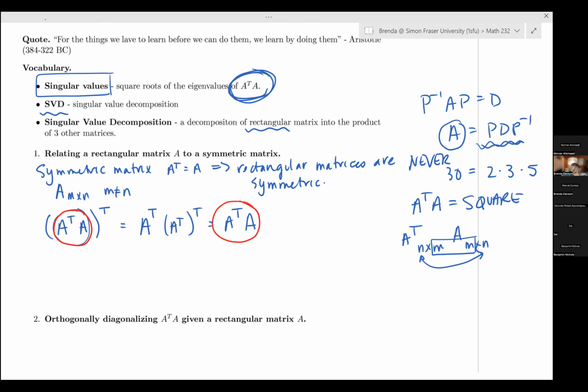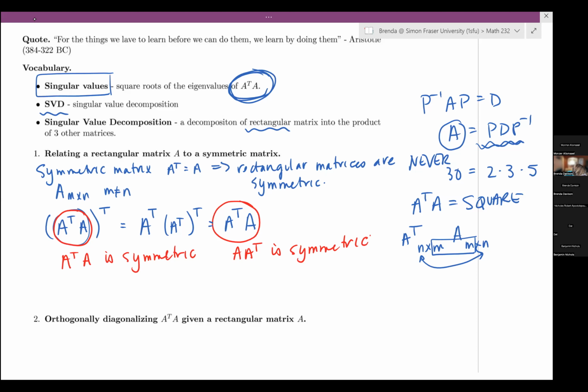That tells you that this thing is symmetric. So A transpose A is not only square, it's square and symmetric. You can use a similar argument to show that A A transpose is also symmetric.